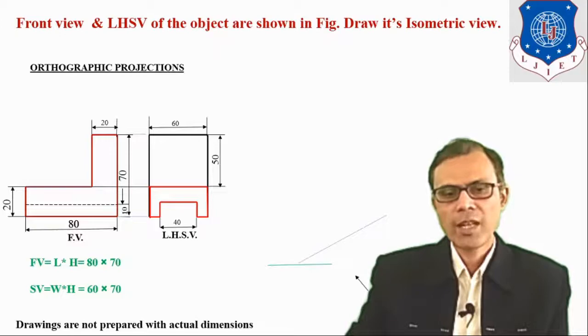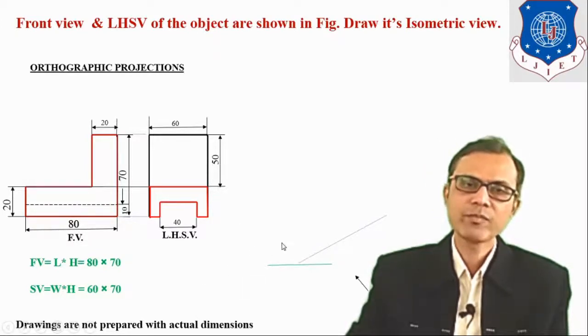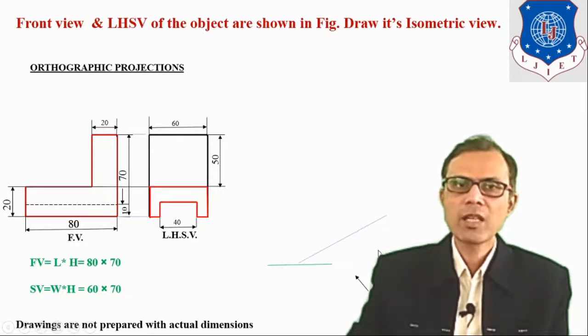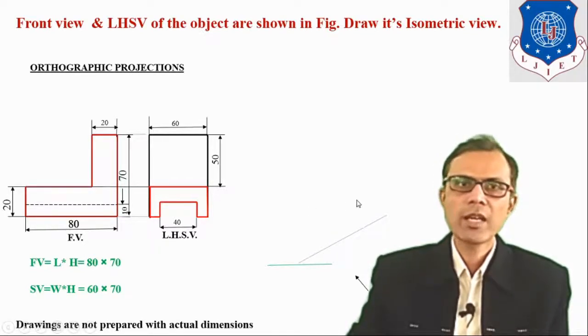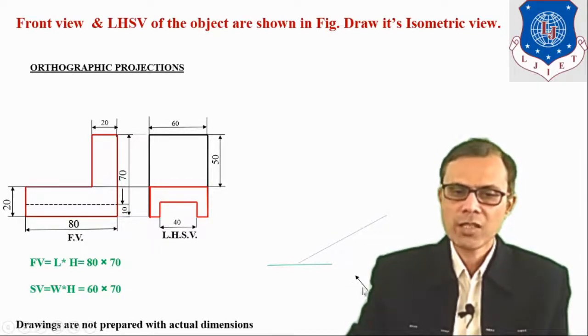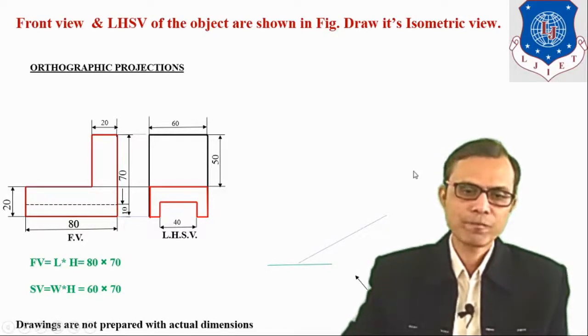Now if we select the direction for front view from this side, then this direction will become the right hand side view, but the right hand side view is not given, so that would also be a wrong selection. So this selection for front view direction is the correct selection.